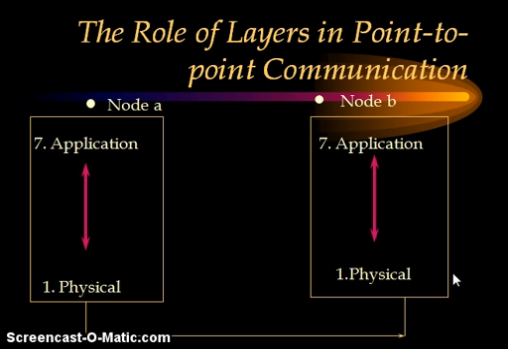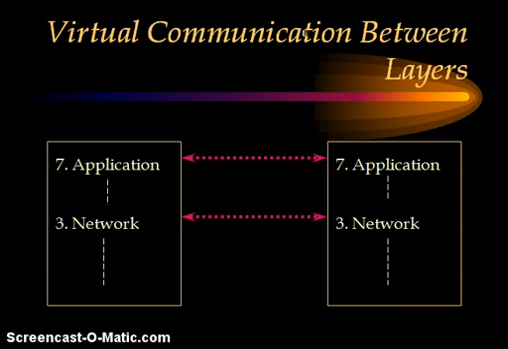From physical to physical the information flows, and afterwards the upper layers come into the picture and play their role accordingly, and the information which has been transmitted in the form of packets is explored and converted into data which we can recognize.